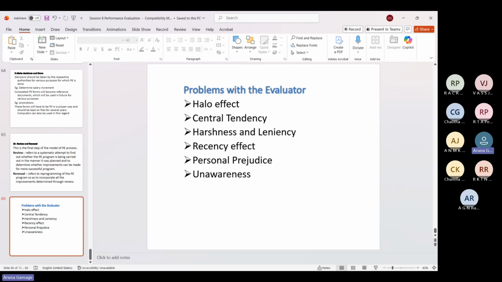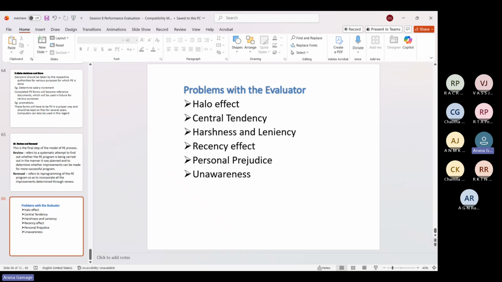Sometimes, if the evaluator is supposed to give explanations for extreme ratings, they want to sit in the middle. So they may not go for extreme ratings. This is a serious problem.